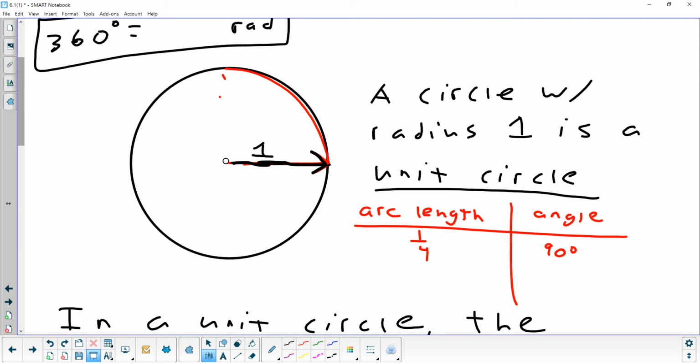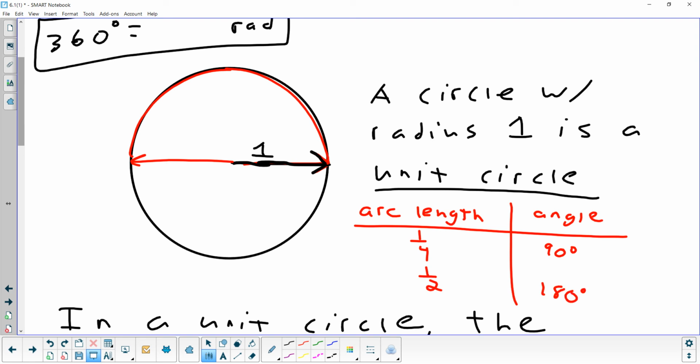All right? What if I had something like this? What's the length of the arc in that circle? That's half. I mean, we don't know exactly how much half is, but we know it's half the circle. And what would the angle be that corresponds to 1/2? 180.